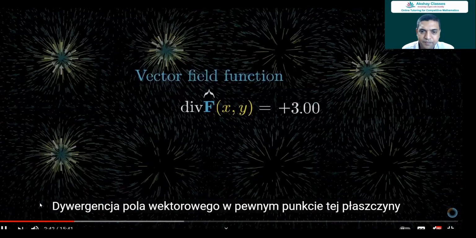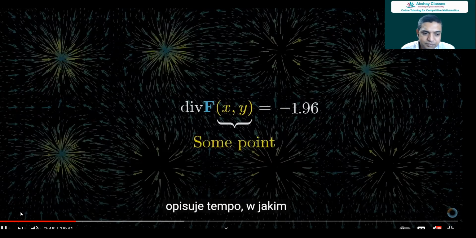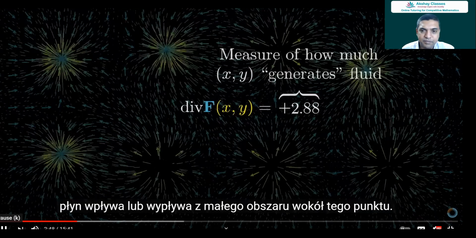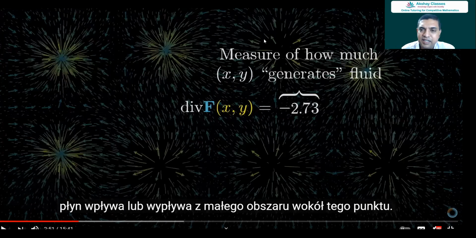The divergence of a vector field at a particular point of the plane tells you how much this imagined fluid tends to flow out of or into small regions near that point. Divergence, at a given point, is measuring that. I'll just go back and forth from this video. It will help you.